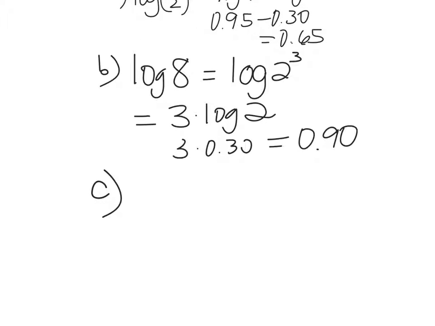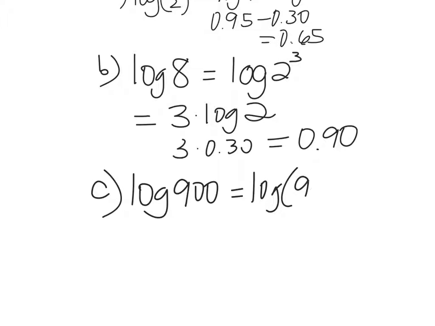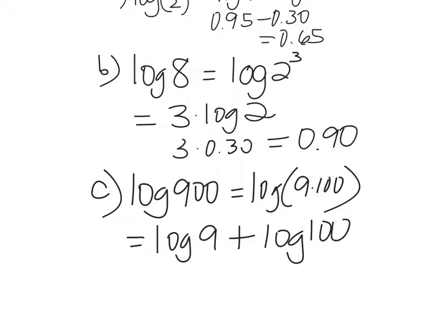Okay, let's try another one. How about the log of 900? Let's break this down. This is log of 9 times 100, which would then be the log of 9 plus log 100. Log of 9 was given to us as 0.95.